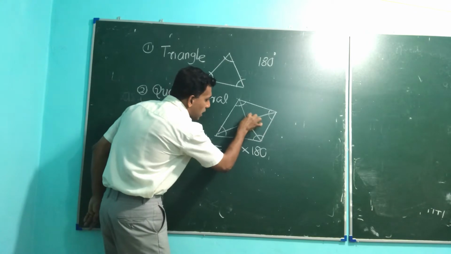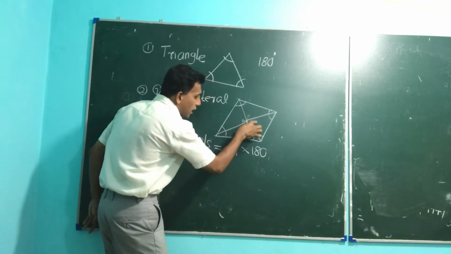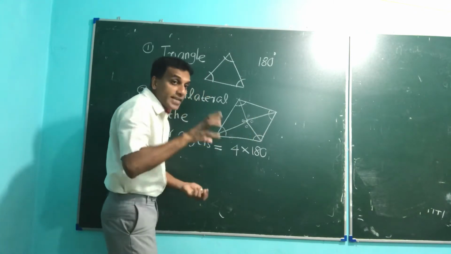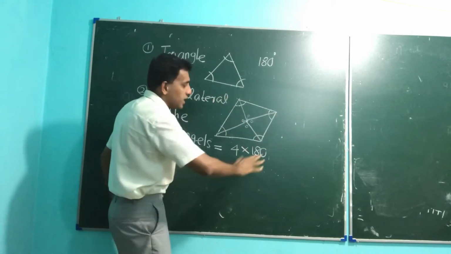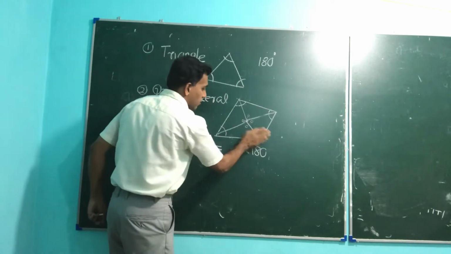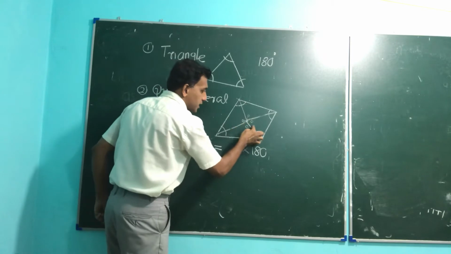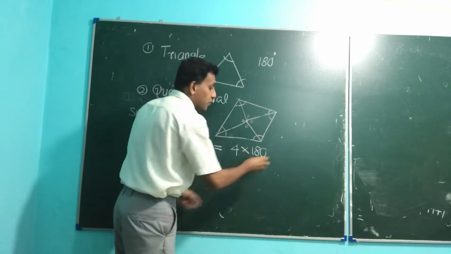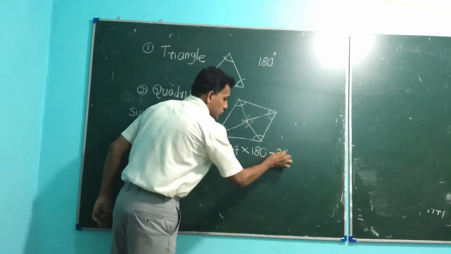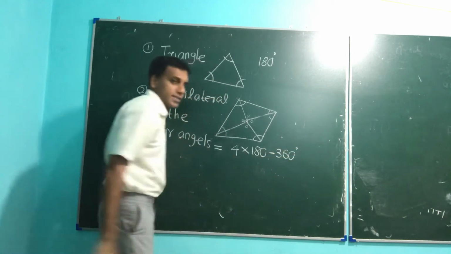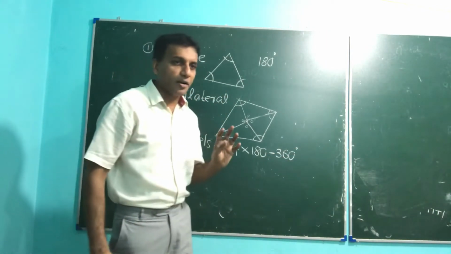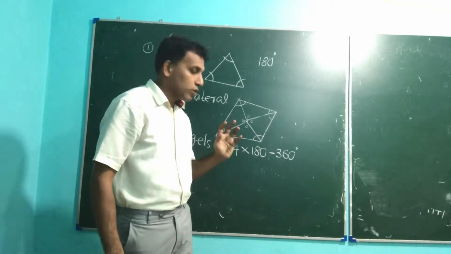But the interior angle of the large figure is at the vertex. Therefore this part is not necessary, so we subtract 360 degrees. Subtract the 360 degrees.